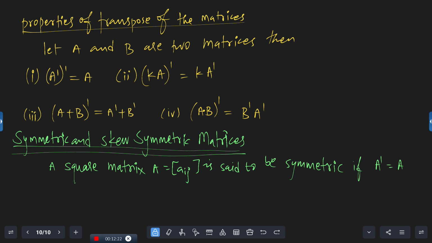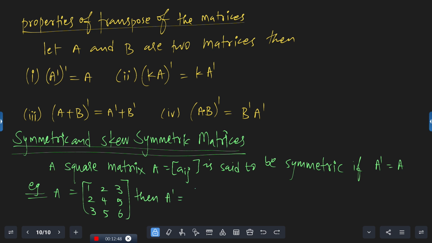I will give an example for this, a simple example. A equals 1, 2, 3; 2, 4, 5; 3, 5, 6. This matrix I am taking, with some numbers of my own. If you take the transpose, you will get the same A again.